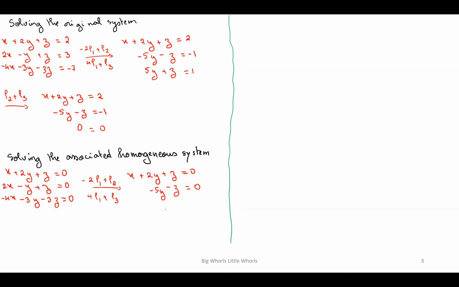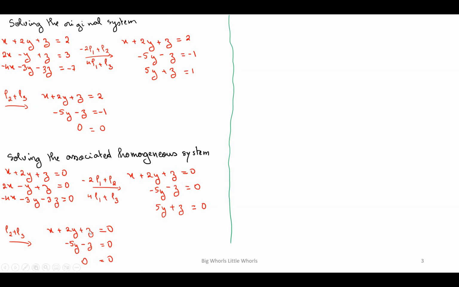We're able to cancel the x term, so we have, okay, that's cancelled. 4, 8, so we have 5y plus z equals 0, and the last part is going to be, we are going to cancel that 5y, so we have row 2 plus row 3 will give us x plus 2y plus z equals 0, minus 5y minus z equals 0, and 0 equals 0.